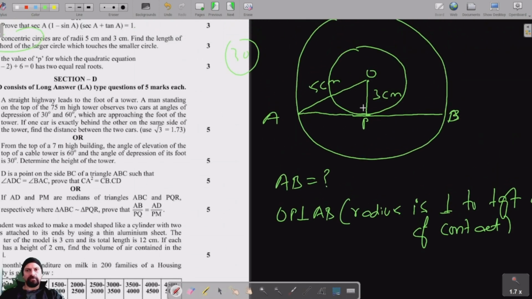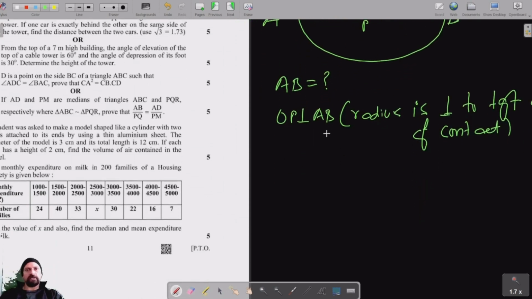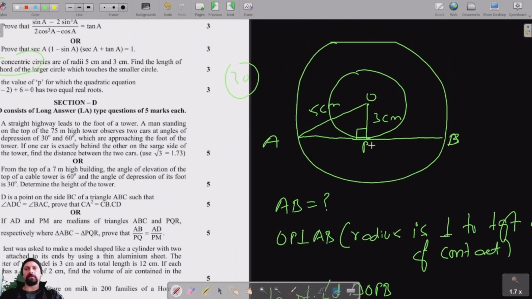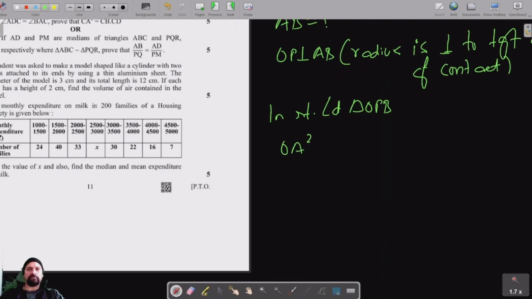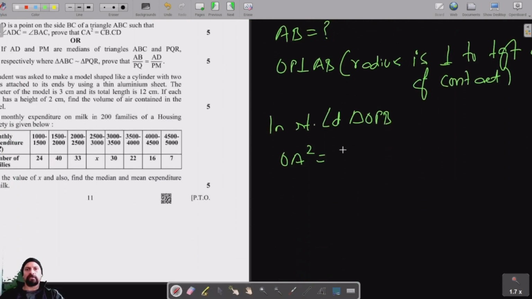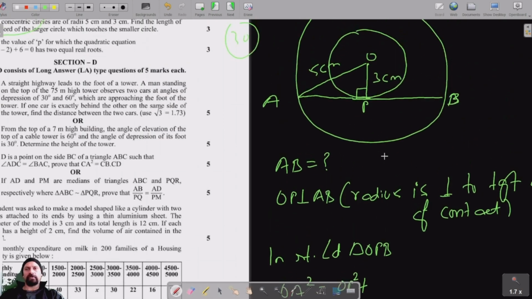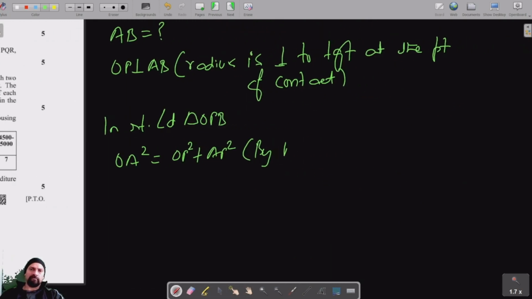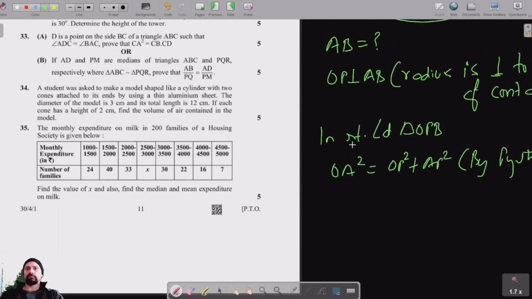Okay, now if the radius is perpendicular, that means this is a right angle triangle, and in right angled triangle OPA, the square of the hypotenuse, which is OA square, is equal to OP square plus AP square, and this result we have got by using the Pythagoras theorem.